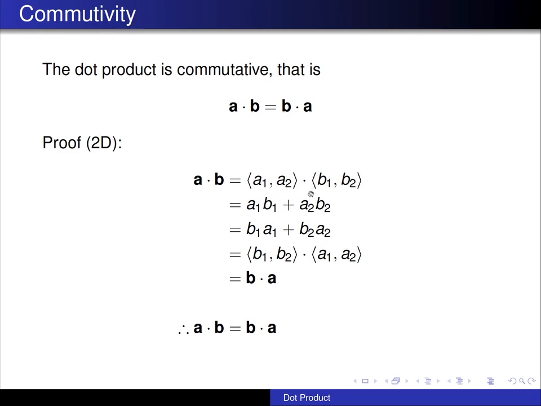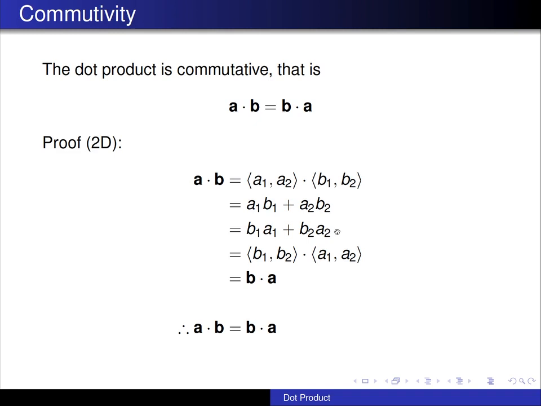I just used the definition of the dot product to write it out. In the 2D case, there's an A sub 1 and an A sub 2, and we're dotting that with B sub 1 and B sub 2. The definition says, pair up the corresponding components, multiply them, and then add all of those results. That's what I've done here. And then go from this line to this line.